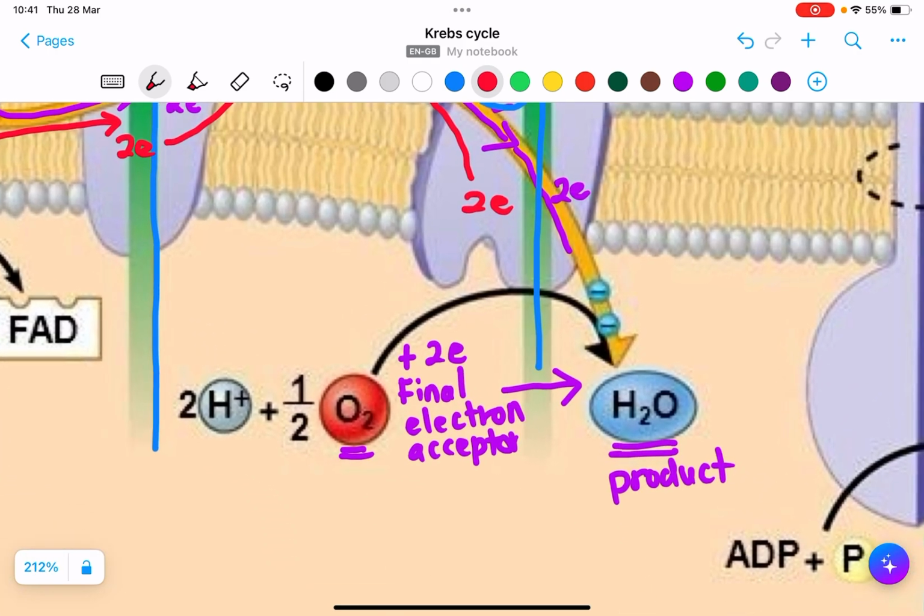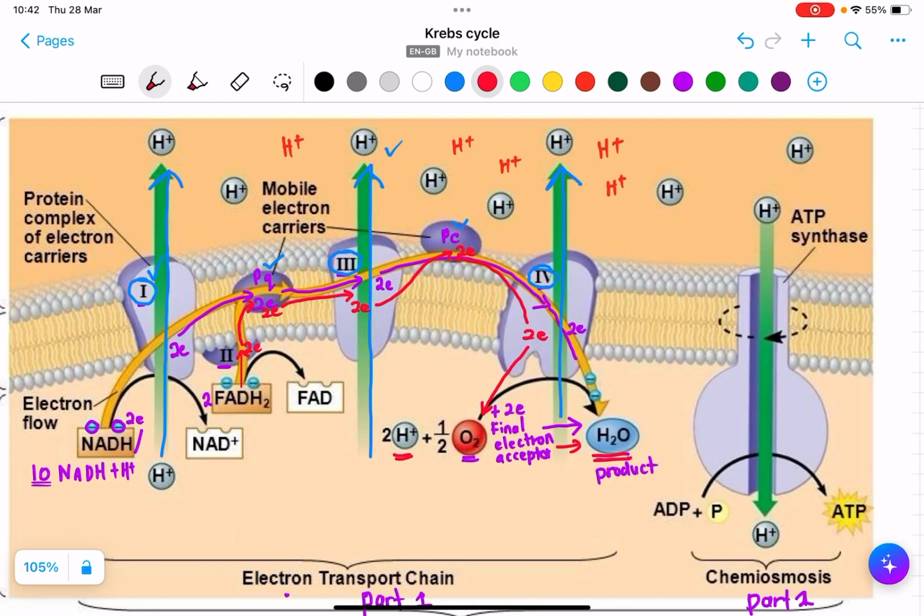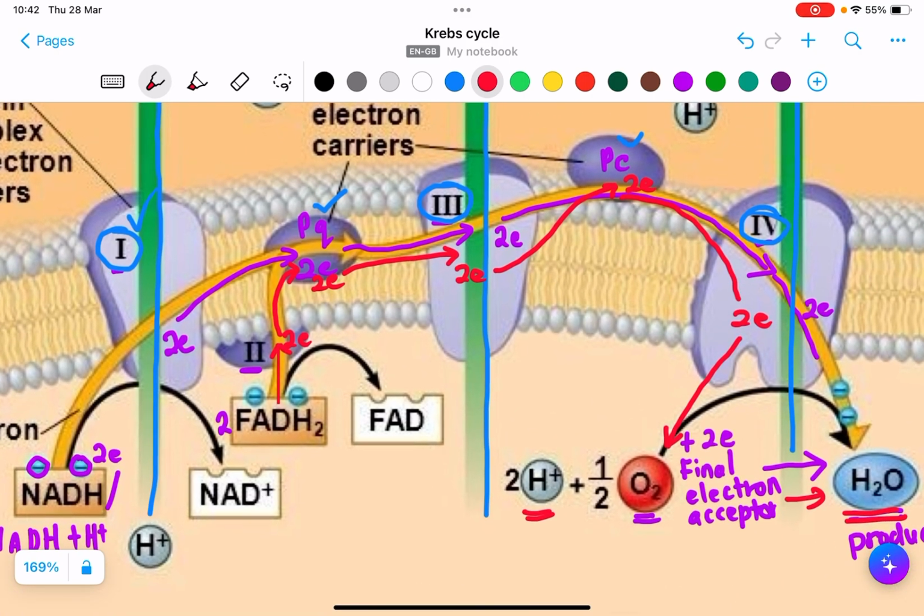Again, it's going to have the same reaction. The 2 electrons will again be received by the final electron acceptor, half an oxygen, and 2 hydrogen ions, again to form water. So everything is just the same. Only the pathway is a bit different. It doesn't pass through complex 1. Everything is just the same.